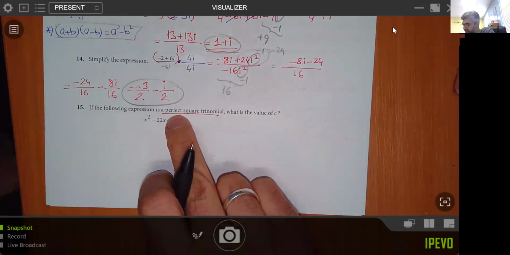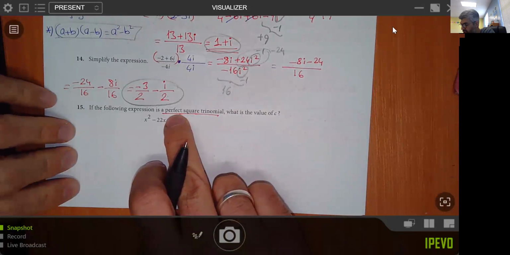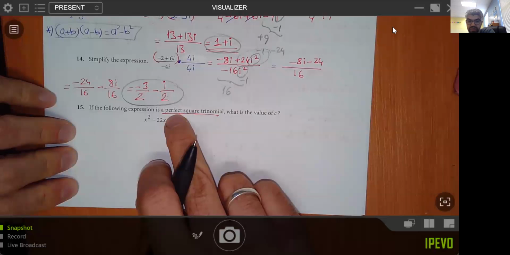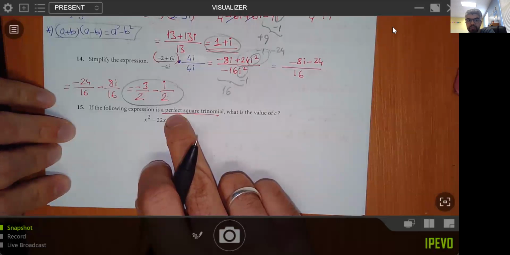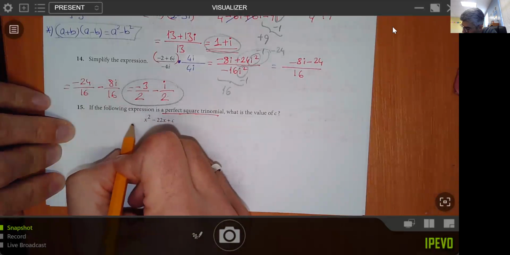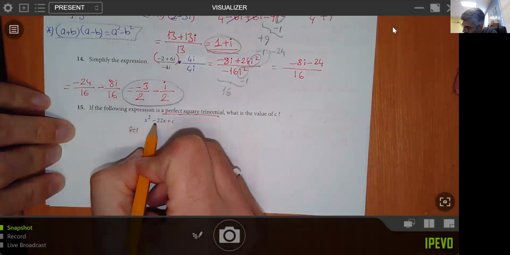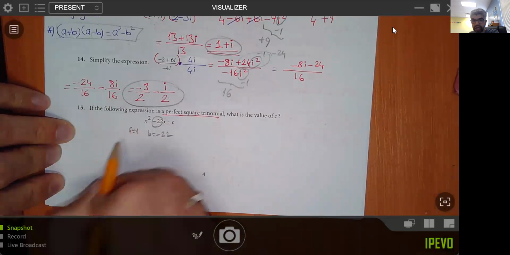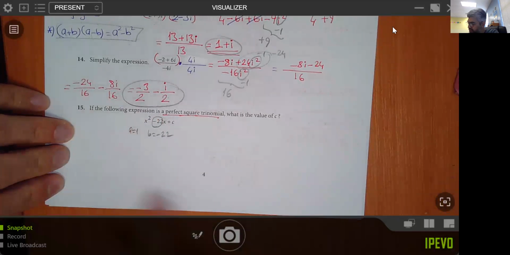What we were doing, guys, when we have this kind of question, when we need to make a perfect square trinomial, we first check b. Okay, so what is b here? Well, a is 1, b is -22.